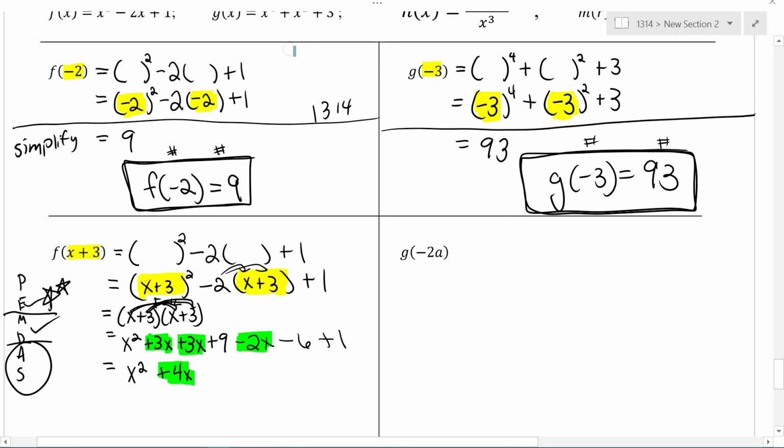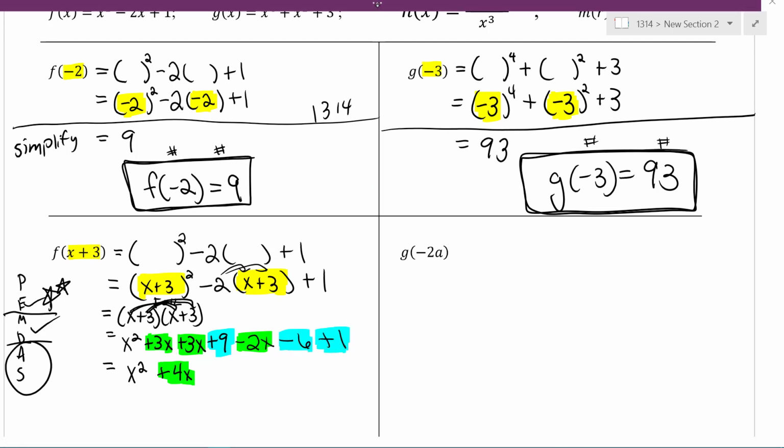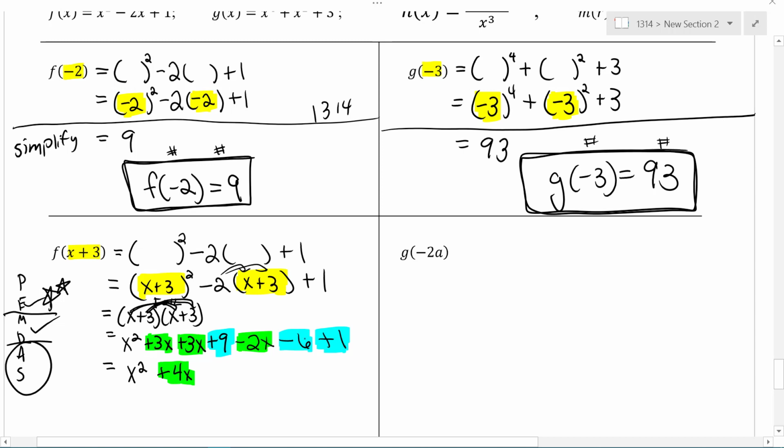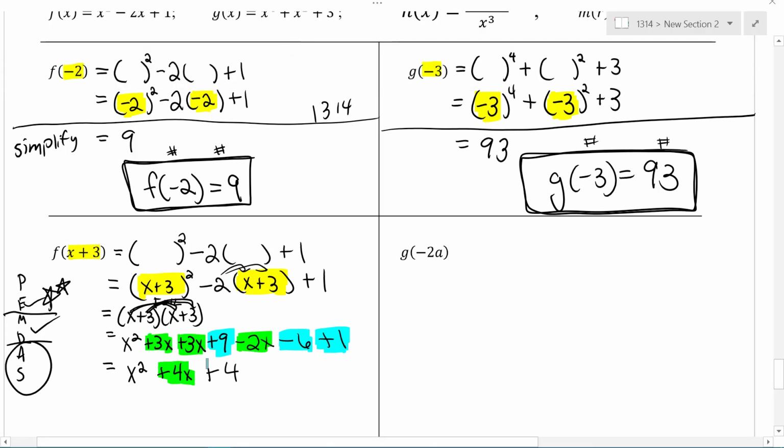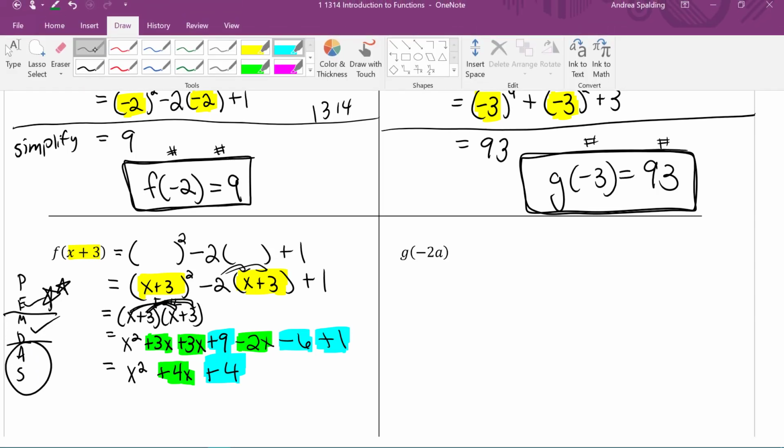Okay, anything else can be combined? Well, I have a positive 9. That has no variables in that term. Is there anything else that has no variables? Yeah, we have a -6 and a positive 1. Okay, 9 minus 6 is a positive 3, plus 1, it's a positive 4. So make sure when you get to that adding and subtracting stage that you understand how to combine like terms.